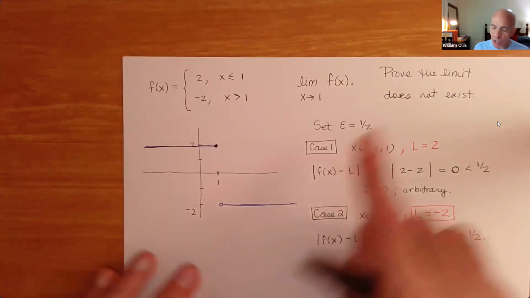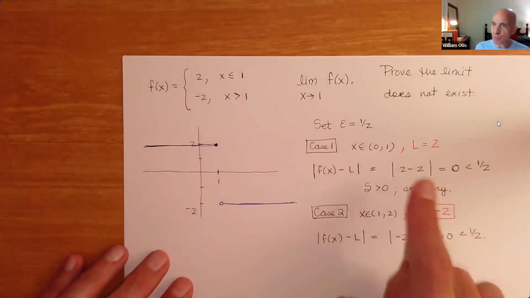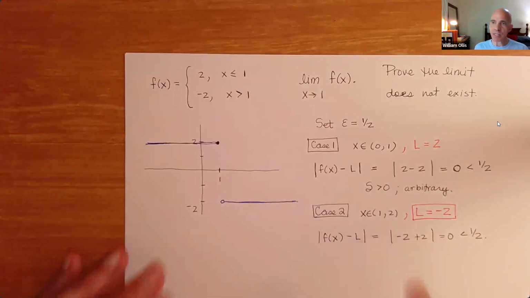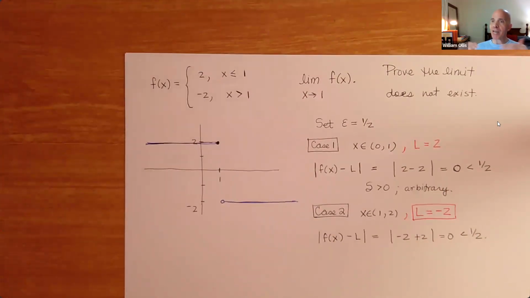So what we've shown in this particular example, and this is something that we do later in the course, is that the limits from either side actually exist. But the standard limit approach from both sides doesn't.